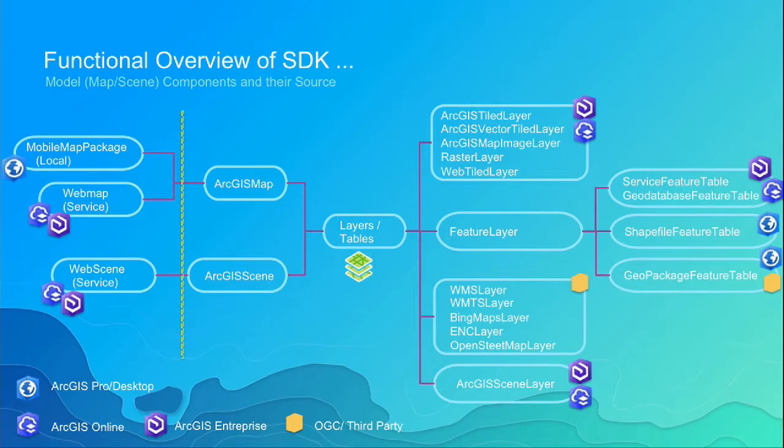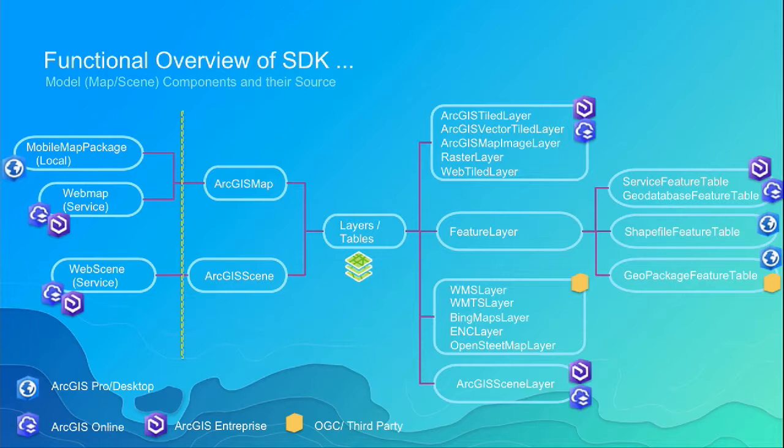If you're working with any third-party tile provider, a service which is providing tiles, you can build your own custom tile layer. Similarly, we support a lot of OGC layers like WMS, WMTS, Bing Maps, which can be OGC or third-party layers, or an OpenStreetMap layer.